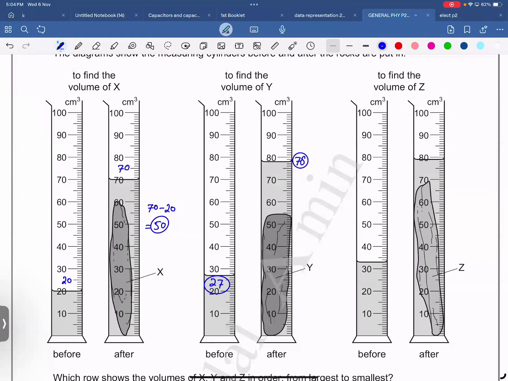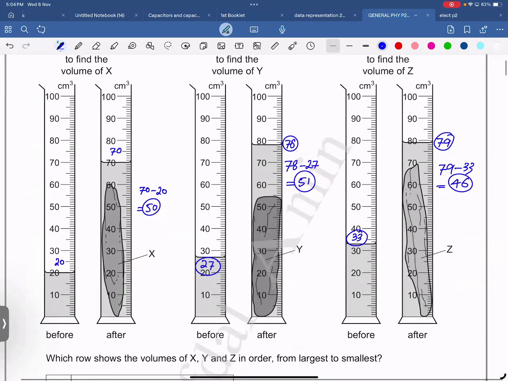Please subtract them. 78 minus 27 is 51. Last one, 33, and the new is 79. 79 minus 33 is 46. Okay, now we need to organize from largest to smallest.